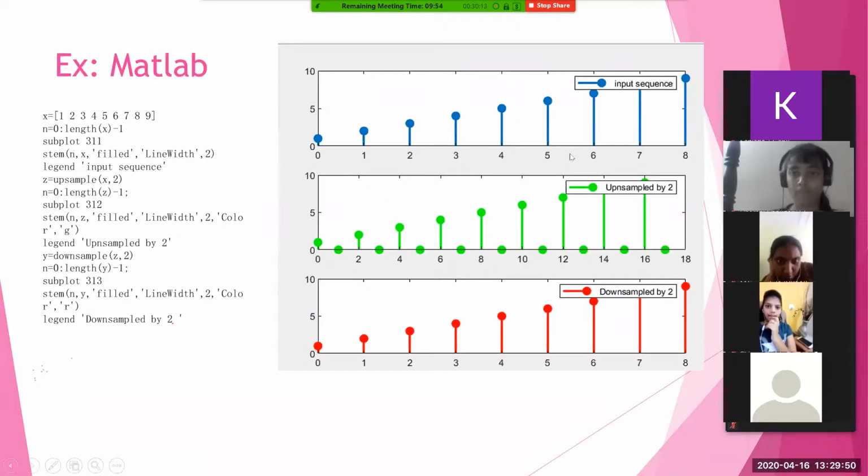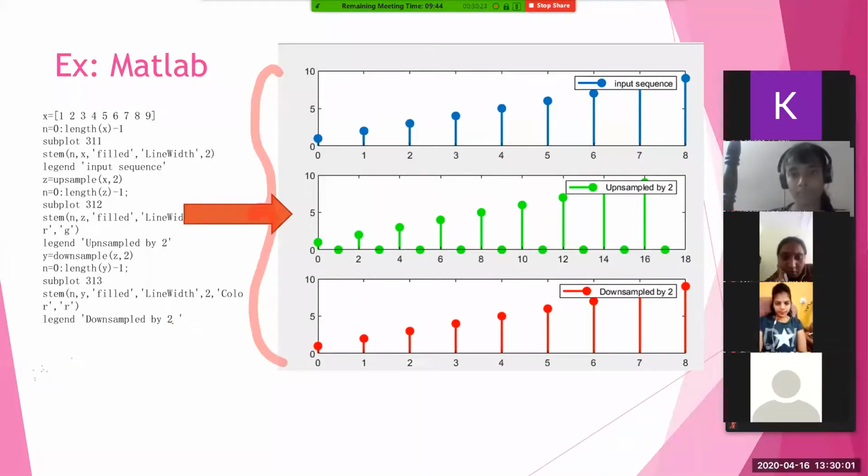Now, the same thing can be explained using MATLAB. Here you can see the original sequence. I have upsampled it by a factor of 2, so, as you can see here, since the upsampling factor is 2, 2 minus 1 is 1, so a 0 is stuffed between two successive samples.